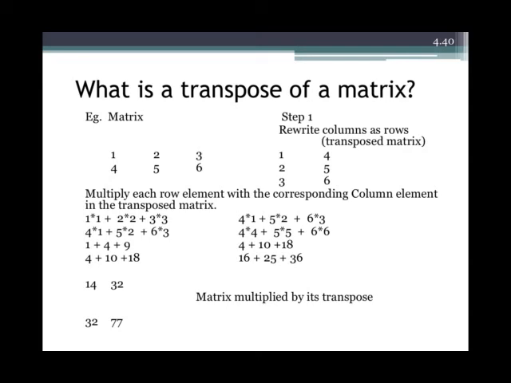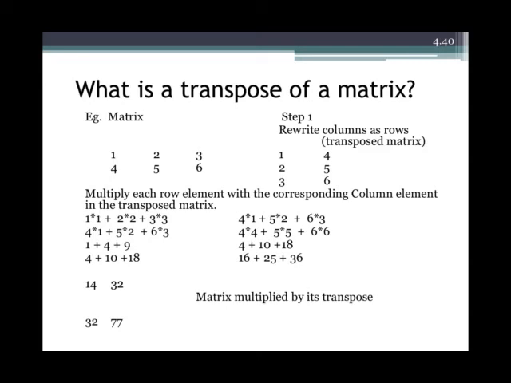Then we repeat it again. We now take the second row and multiply it by the first column. We have 4 into 1, 5 into 2, 6 into 3. 6 is the third element in the second row. 3 is the third element in the first column of the transpose matrix. So simplifying these two, we'll get 1 plus 4 plus 9 and we'll get 4 plus 10 plus 18.